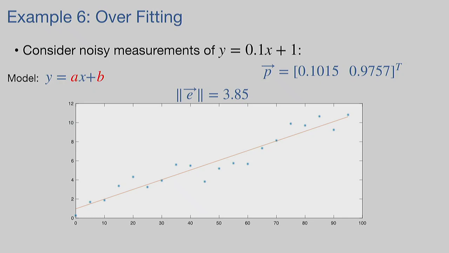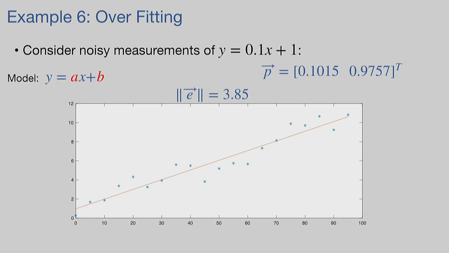Now the question is, you kind of look at the data, but is it actually linear? Maybe we can fit some other polynomial, maybe a second or third order polynomial to this. Would we get a smaller error? What do you think?